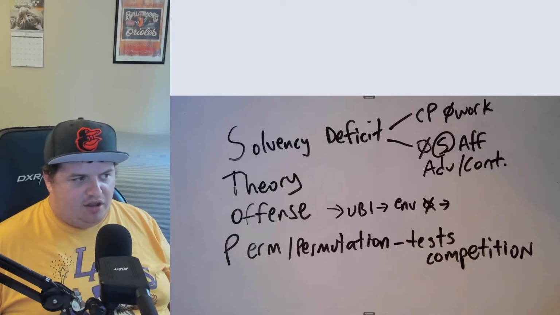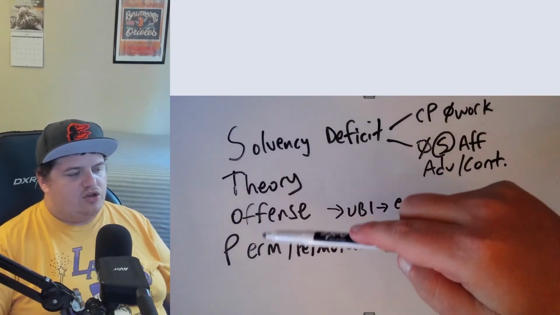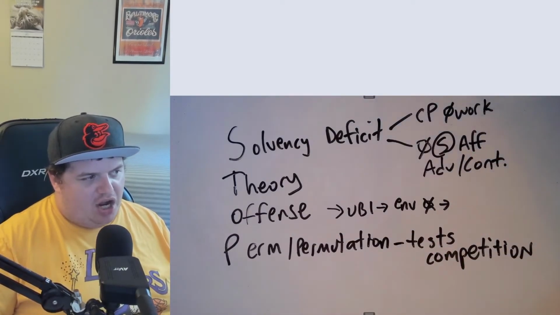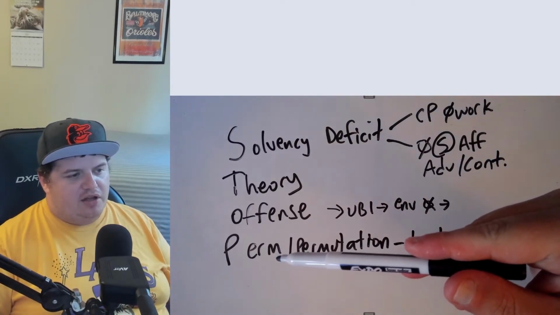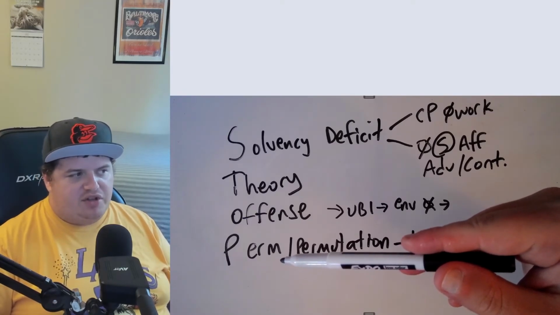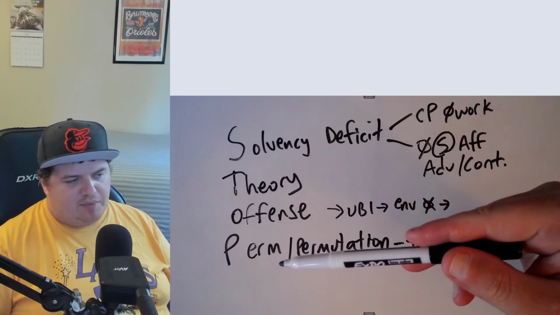The other thing to think about is that just because these are 4 different ways to answer a counterplan does not mean that you can't make multiple ones of these same things. For instance, there are some counterplans where it's typical that you read 3 or 4 or 5 permutations in the 1AR, or 2AC if it's policy debate.